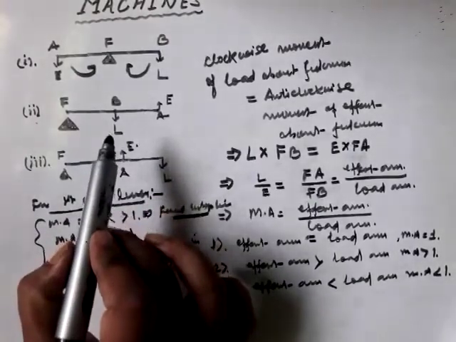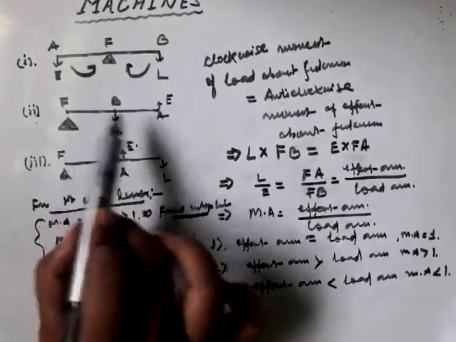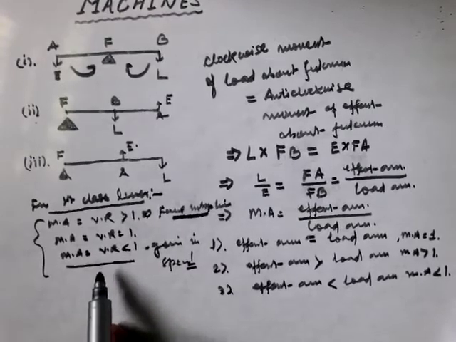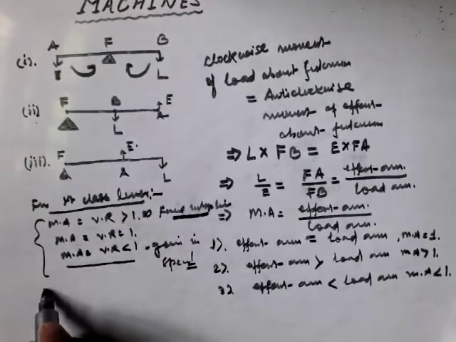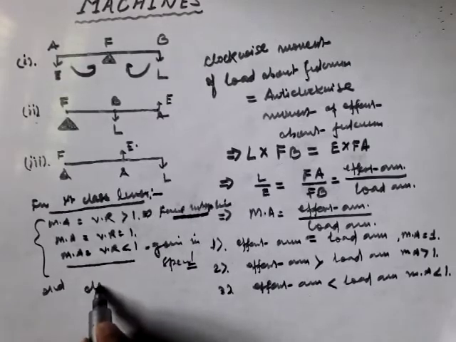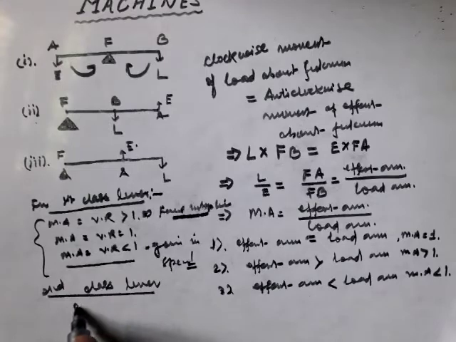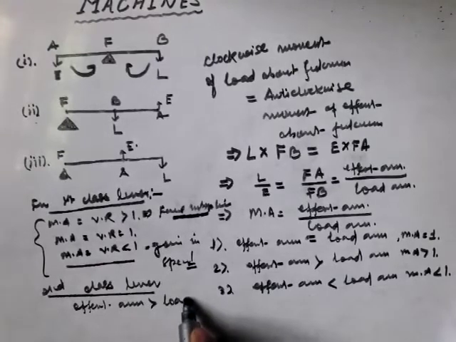And what about the second class lever? In second class lever, we are considering that the load is in between the fulcrum and effort. In this condition, the effort arm is greater than the load arm. This is the criteria.